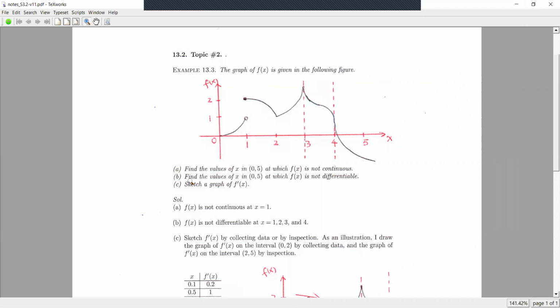Part B, find the values of x in the open interval between 0 and 5, at which the function f is not differentiable. Part C, sketch a graph of the derivative function.